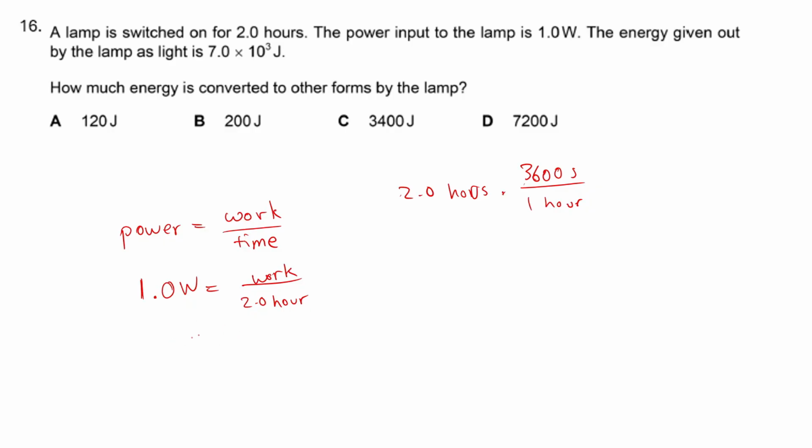So in this case, it's going to be around 360 watts is equal to the amount of work. Sorry, this is not watts, this is joules, and this is the total amount of work by the input.